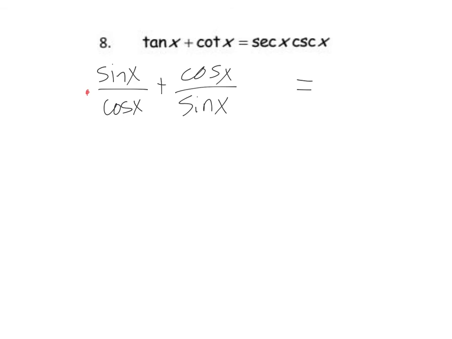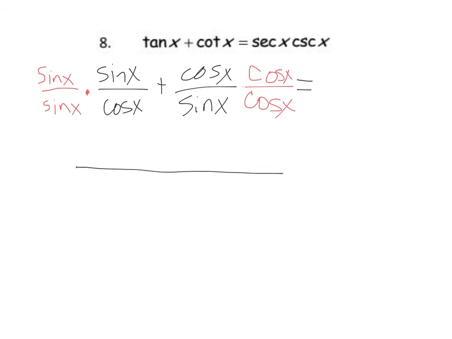So I'm going to get a like denominator. My denominator is cosine here, my other denominator is sine, so we would have to multiply the cosine by the sine, and the sine by the cosine in order to get like denominators. So I'm going to multiply that by sine over sine. I'm going to multiply this one by cosine over cosine. And now I have like denominators.